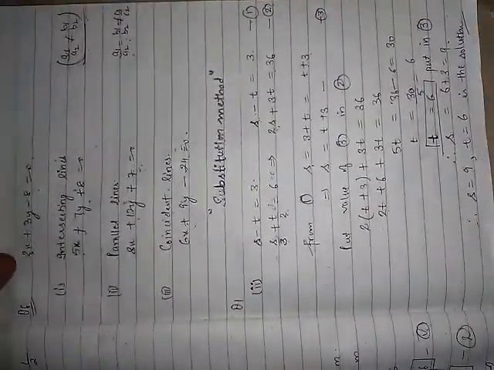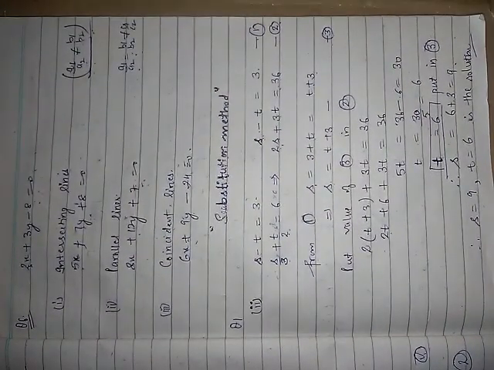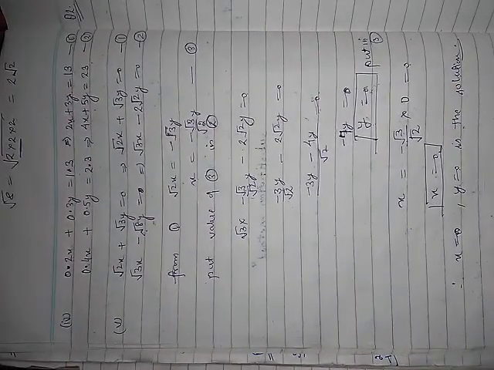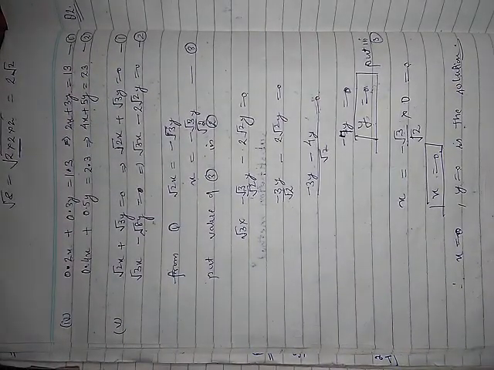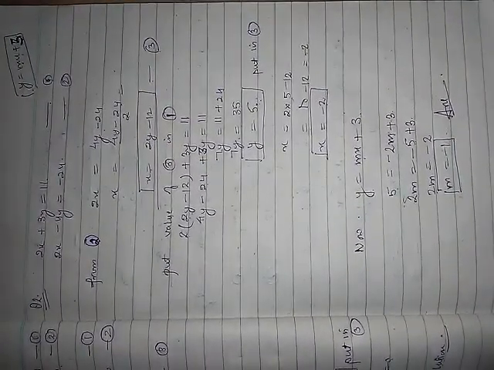So this is the first page, substitution method, our second method of solving the pair of linear equations in two variables. Then here comes your second page. Here comes your third page. Take its screenshot.